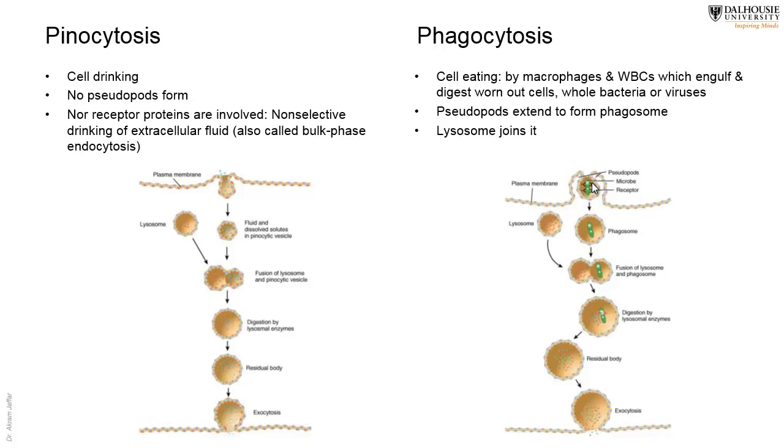But first of all, there will be what we call pseudopodia, like small feet, which will be formed, as you can see here, and they will take in the receptor and the attached bacteria or virus, and once they are in the vesicle, they will be attacked by the lysosome. The lysosome contains digestive enzymes that destroy these viruses, bacteria, or worn out cells.